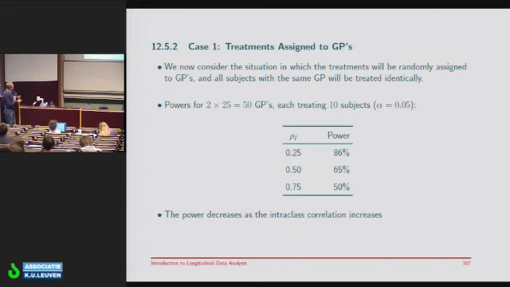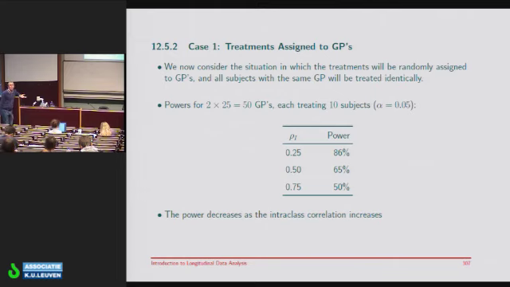And here you see the powers for different correlations. And what you see is that as the correlation gets larger, the power gets smaller. So it's the opposite of what we had before. And that's why I said before, it's not always that correlation is good for us in terms of power. There are situations like here where the correlation is bad for it.